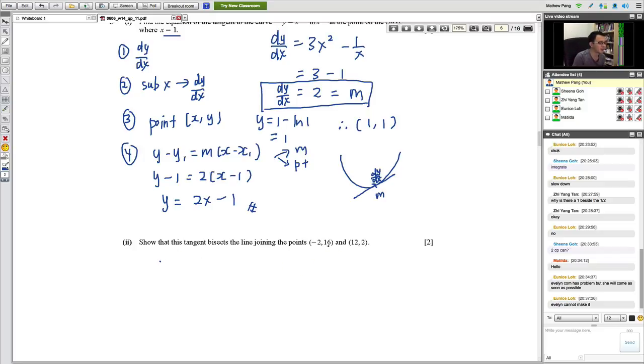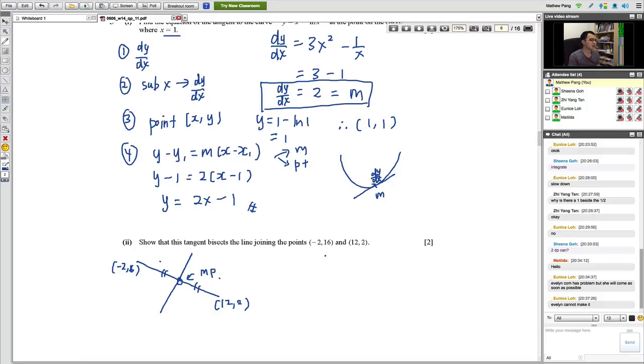I have 2 points over here: negative 2, 16, and 12, 2. So I need to show that this straight line cuts these 2 points at the middle. So it will pass through the midpoint. I think this is what the question is trying to ask.